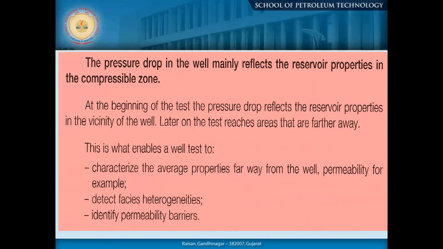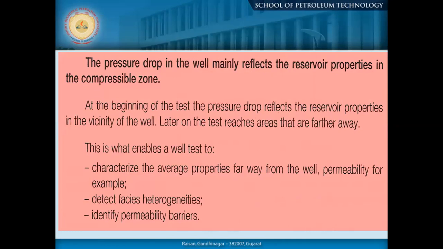So what is happening? If you visualize it, when we start taking production, initially the flow will be from the wellbore tank or wellbore storage material. Then the compressible zone will slowly move from the wellbore to the skin, or maybe the sand face is now encountering the flow from the reservoir.